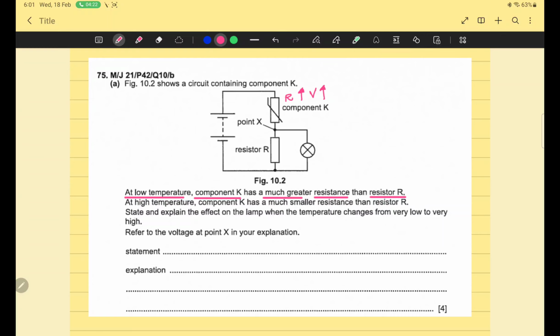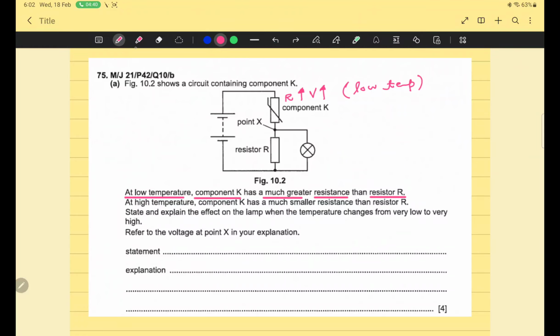When the temperature is low, here voltage is high and here voltage will be low, and if the voltage is low, then obviously the lamp will be dim.